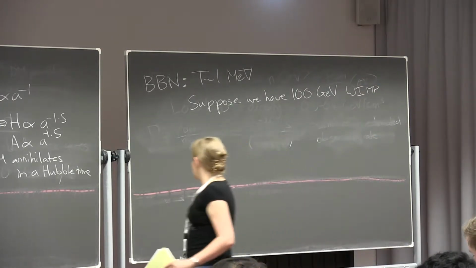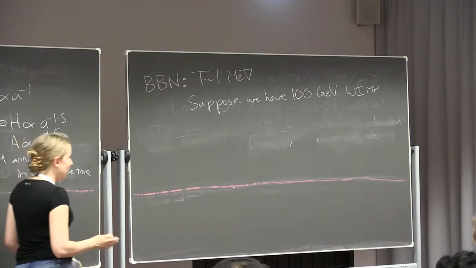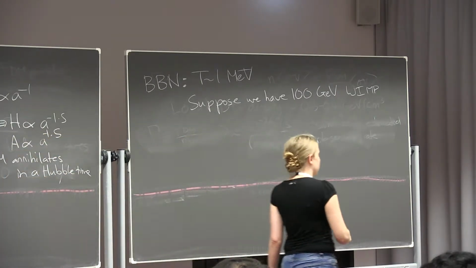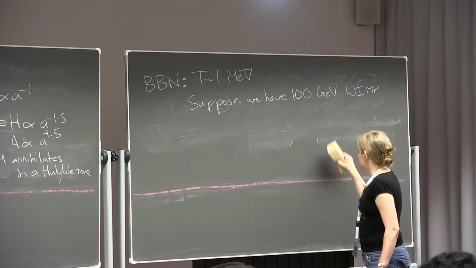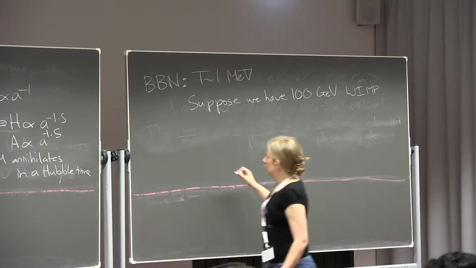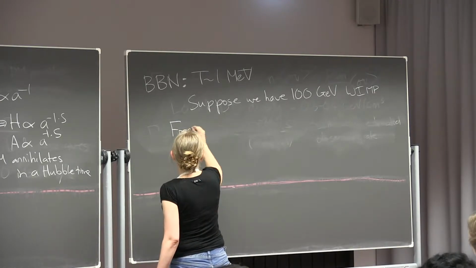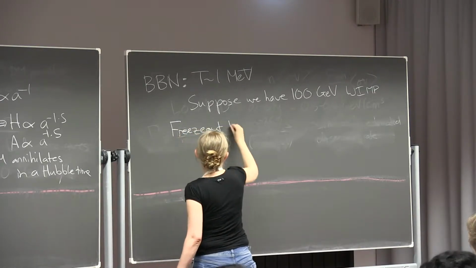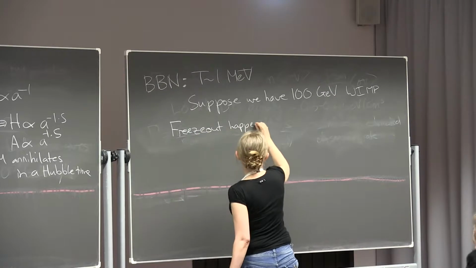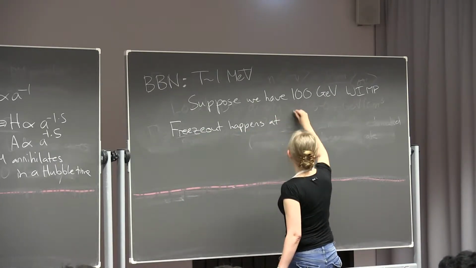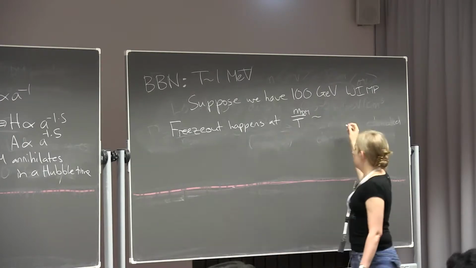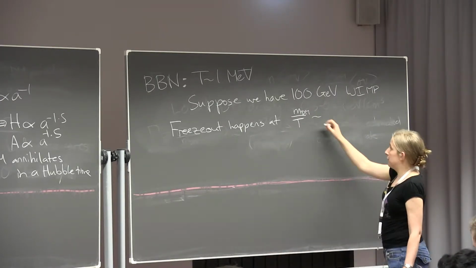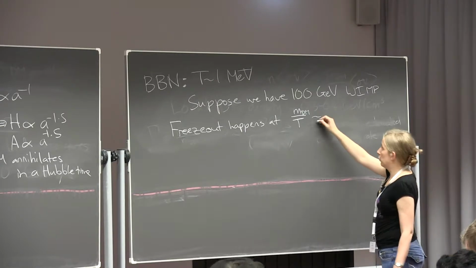Now, I told you last time, neither Neil and I have derived this, but it is generally true, and I can show you the derivation later if you're interested, that freeze out happens at M_DM over T. So we approximated that this happened when this ratio was roughly equal to 1.